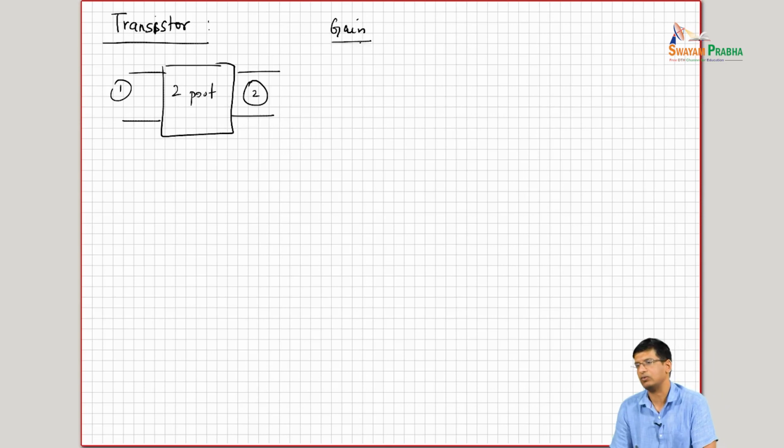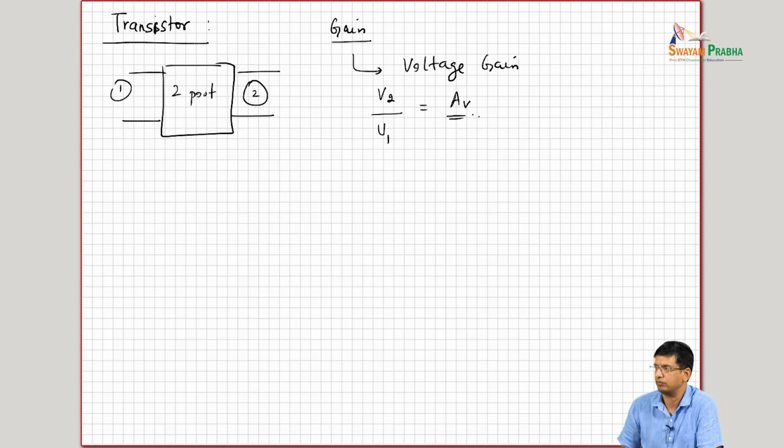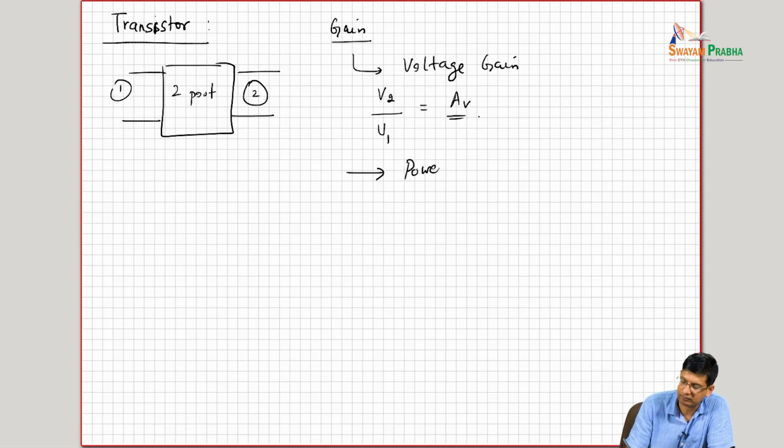Now the gain you can think about different ways, right? You can think about gain as voltage gain, where basically you are saying that whatever be the voltage at V2 by whatever be the voltage at V1, you are getting some voltage gain out of it, right? And this is a traditional way that we define analog amplifiers and we amplify. You can also think about gain as power gain, right?